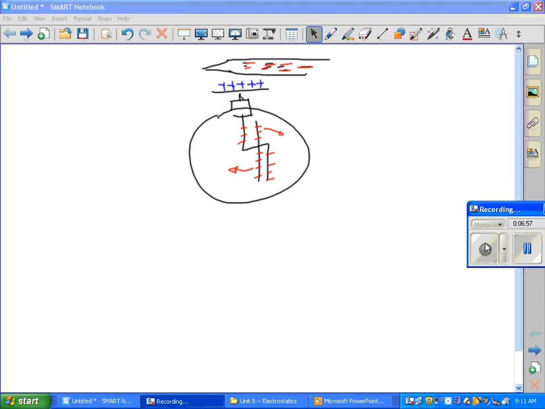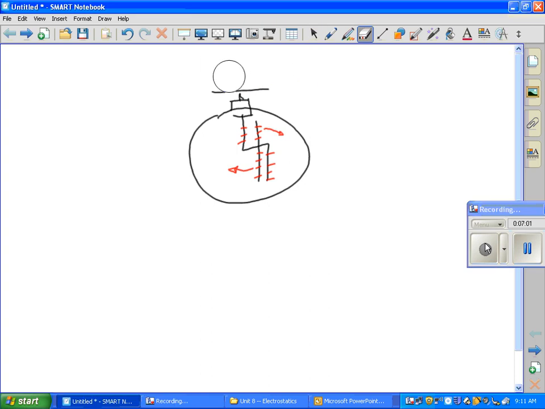Now, if you actually take the charged rod and touch it to the electroscope, what happens? Those electrons, those negative charges on the rubber rod, don't want to be near each other, and now they have a way to get off.